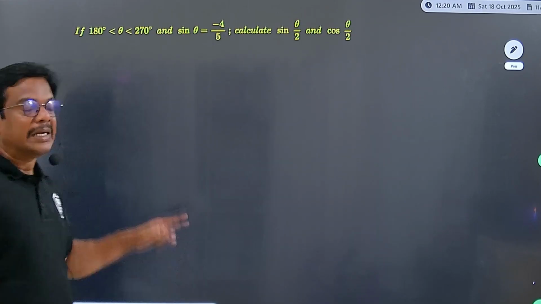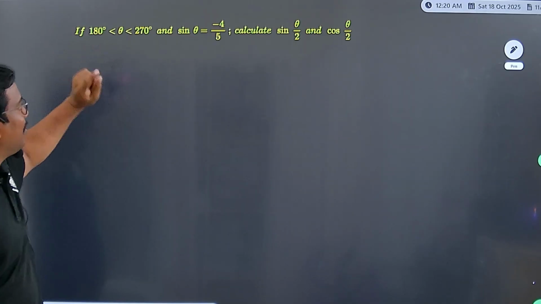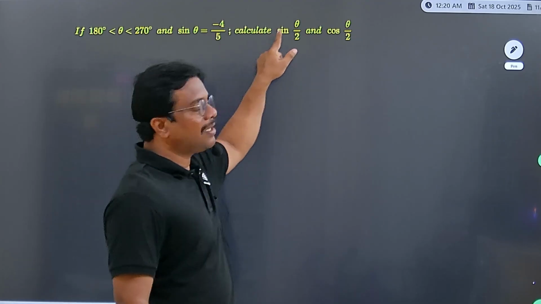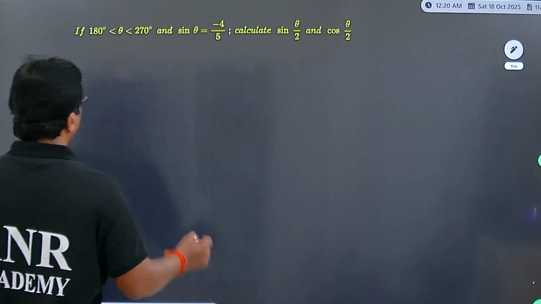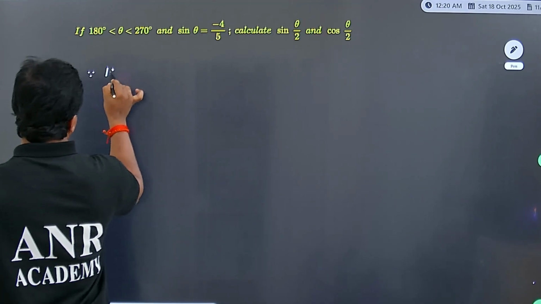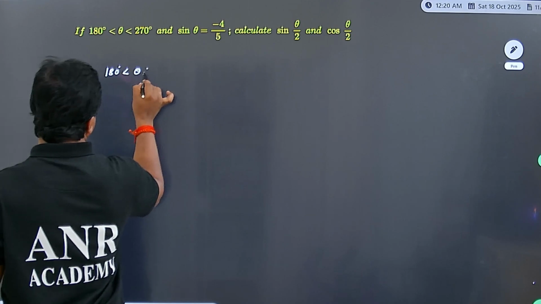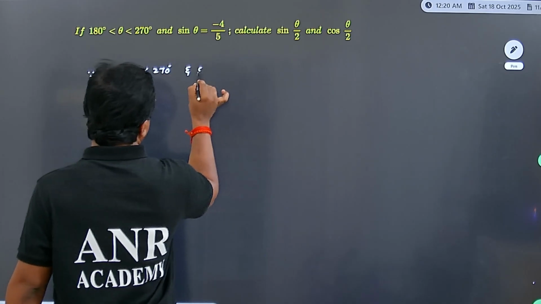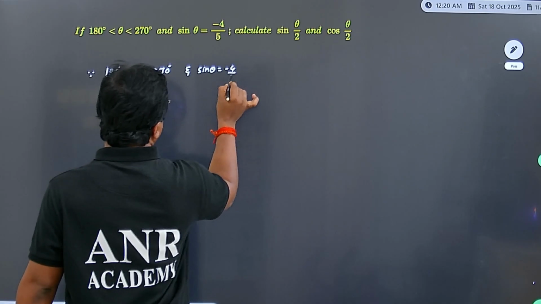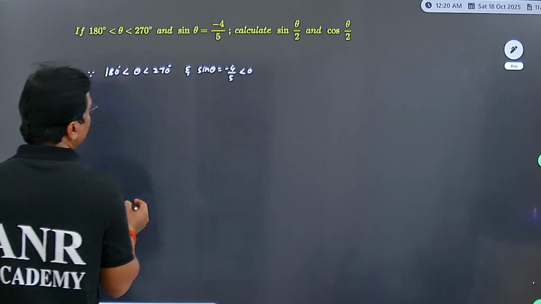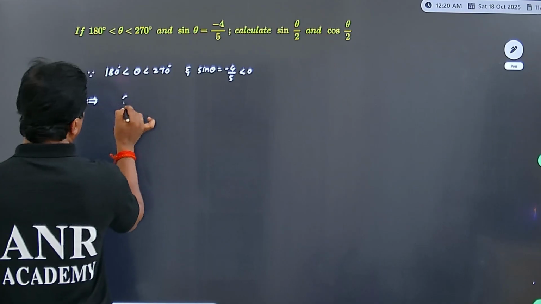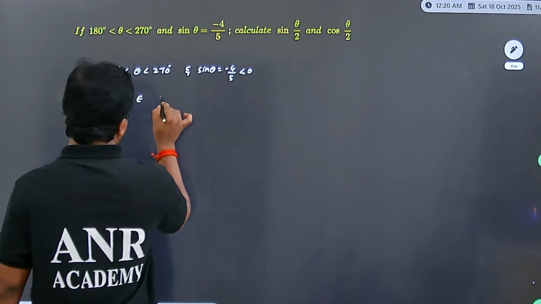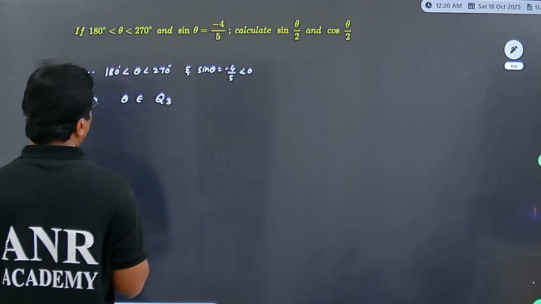See this question: theta is between 180 and 270 and sin theta is given as minus 4 by 5. Then calculate sin theta by 2 and cos theta by 2. This is the question. Since 180 degrees less than theta less than 270 degrees and sin theta minus 4 by 5 is negative, I can say that theta belongs to quadrant 3 here.